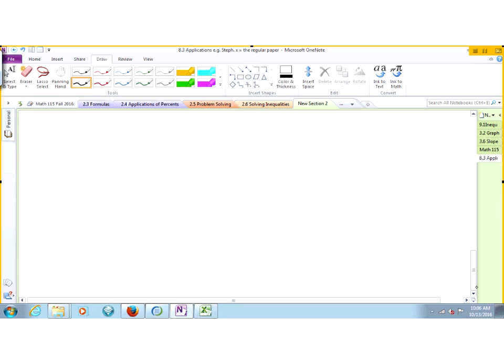All right. So the next one is catering. So this is blending chocolate. Okay. So number 2.